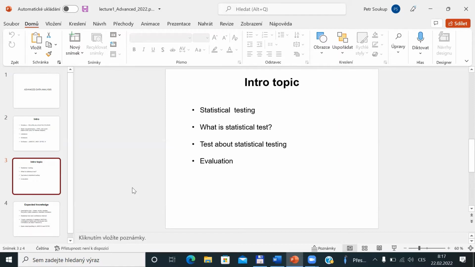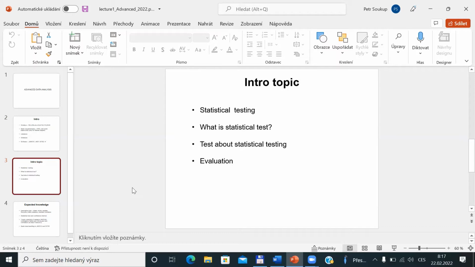And first of all, I would like to briefly, I hope so, recap some of your previous knowledge about the concept of statistical testing. Before I start to go into details, I would like only to briefly recap that statistical testing is one of the possibilities for how we can generalize results.